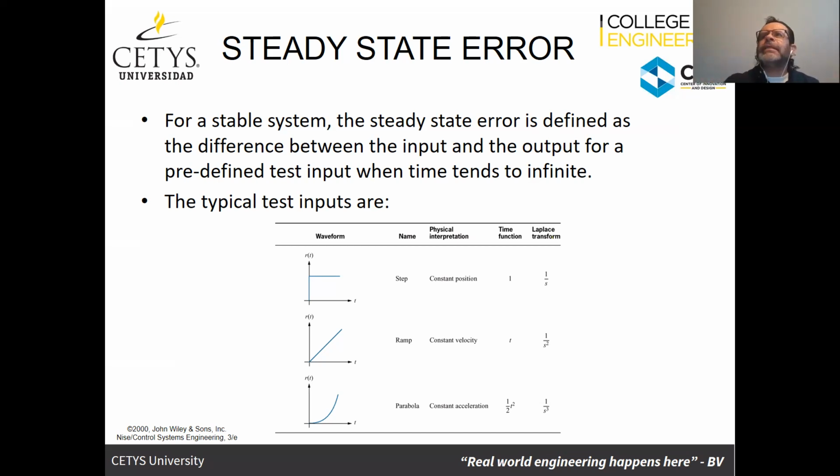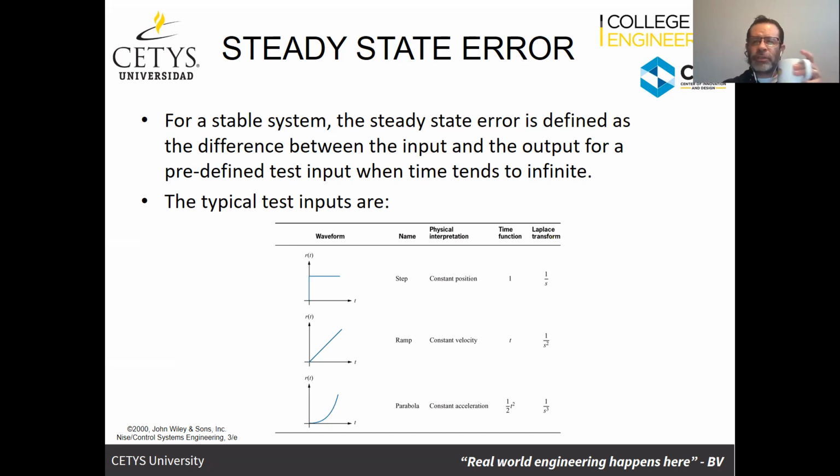And after the transient is what we consider to be called the steady state of the system. And so when we apply a certain test input and we measure or compare the response of the system when time tends to be infinite, there is going to be a certain value associated to that. And that value in comparison to the value we want the system to get to, that difference that exists when time tends to be infinite, is what we call the steady state error.